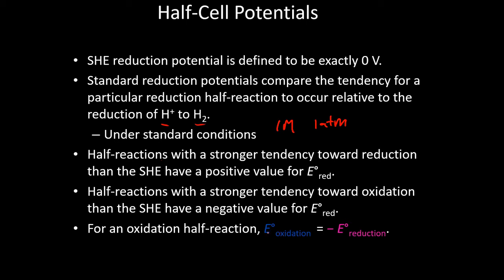But rest assured, we're not really going to look at the standard oxidation potential anymore. It's a thing, people use it, but we are going to focus on the standard reduction potential, because it'll make our lives easier to only have to think about this one versus both.